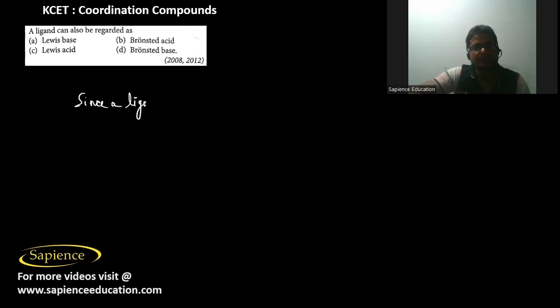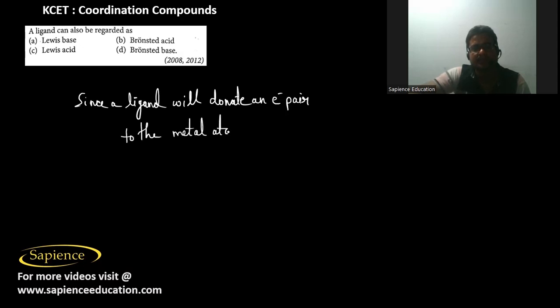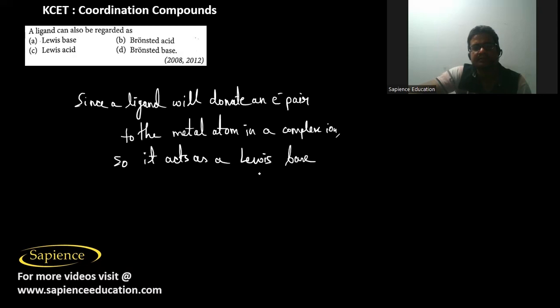A ligand will donate an electron pair to the metal atom in a complex ion. So it is acting as a Lewis base. So option A is the correct answer.